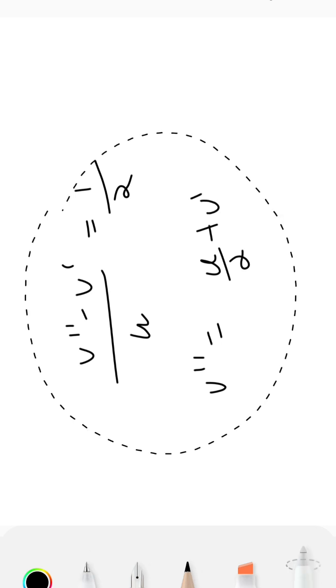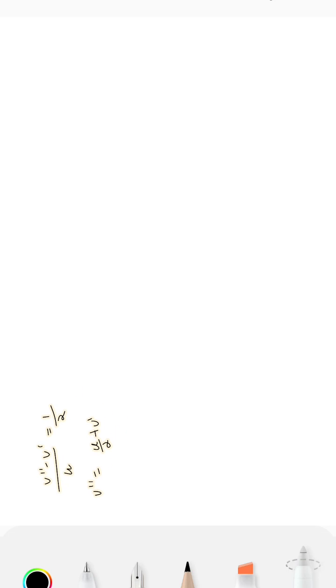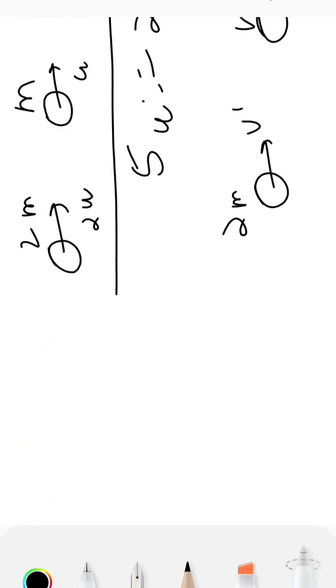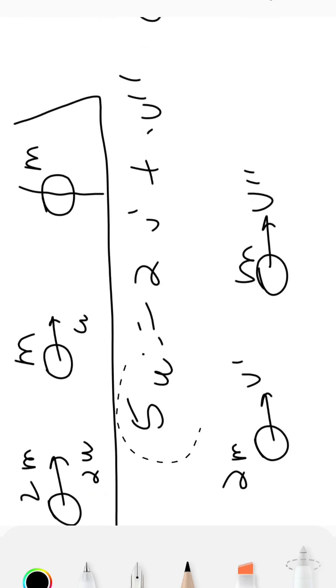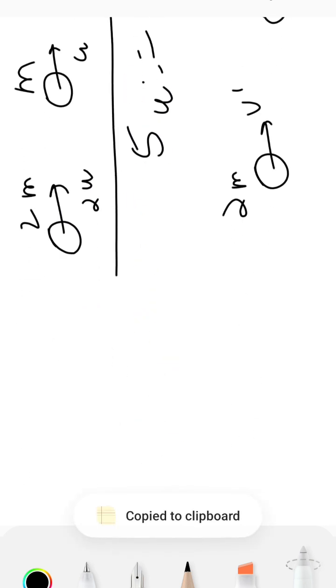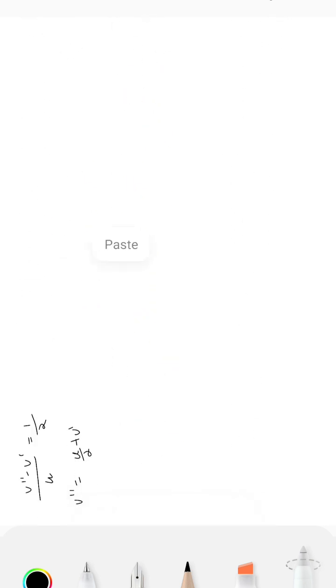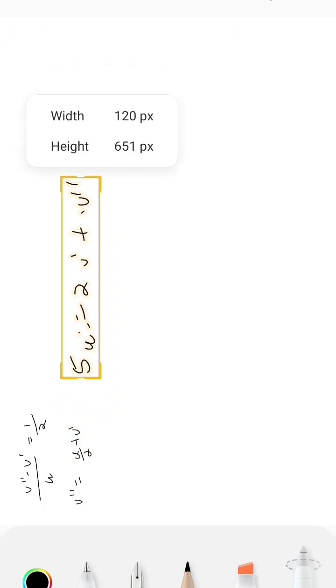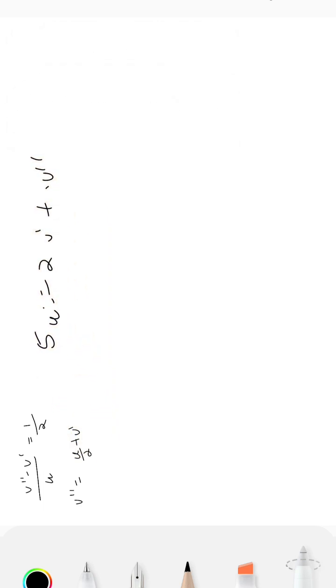Now if you replace it in the equation that we have over here, this is the equation.